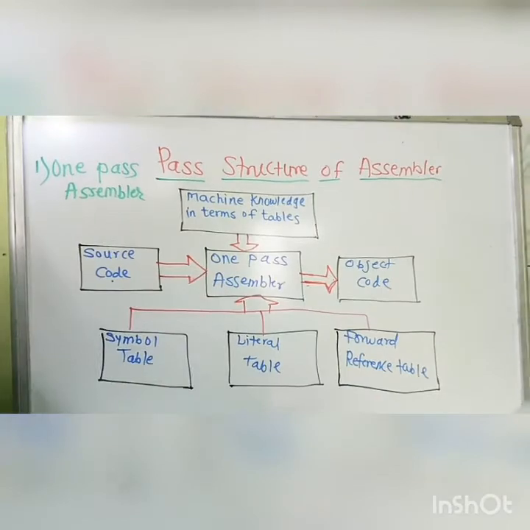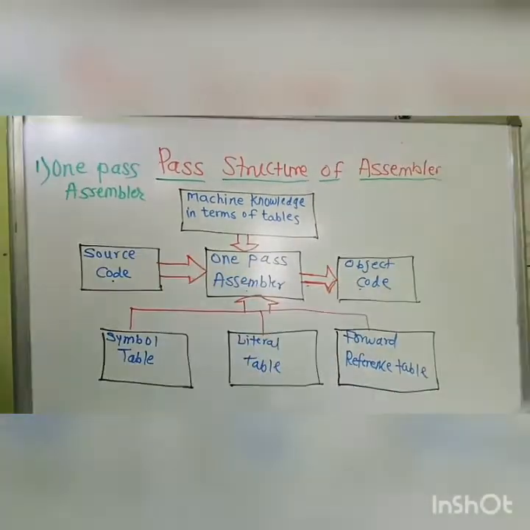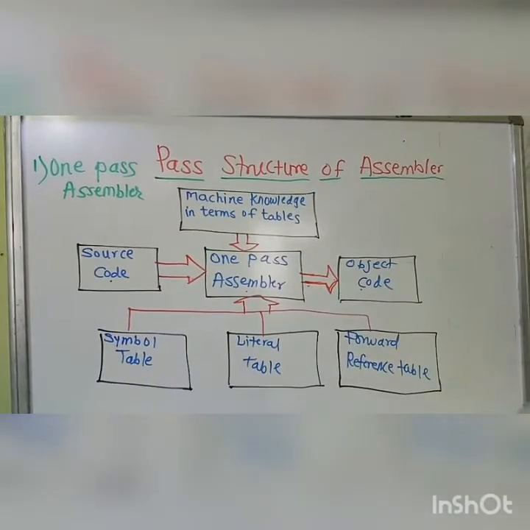You have to take the source code, using some assembler directive, and convert it into the object code. A set of language processing functions is also called a pass of a language processor. So we recall the definition of a pass: it is the set of language processing functions, known as the pass of a language.